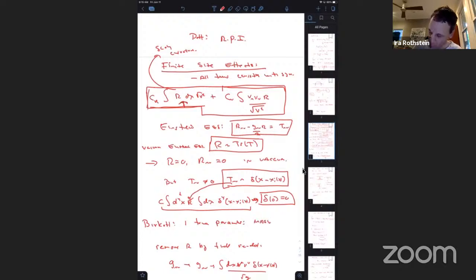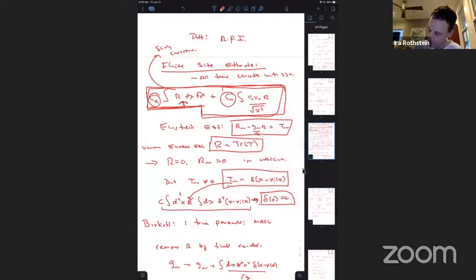And if these terms were to exist in the action, they would introduce two new free parameters, right? Because notice that this action has a piece which is linear in the metric.